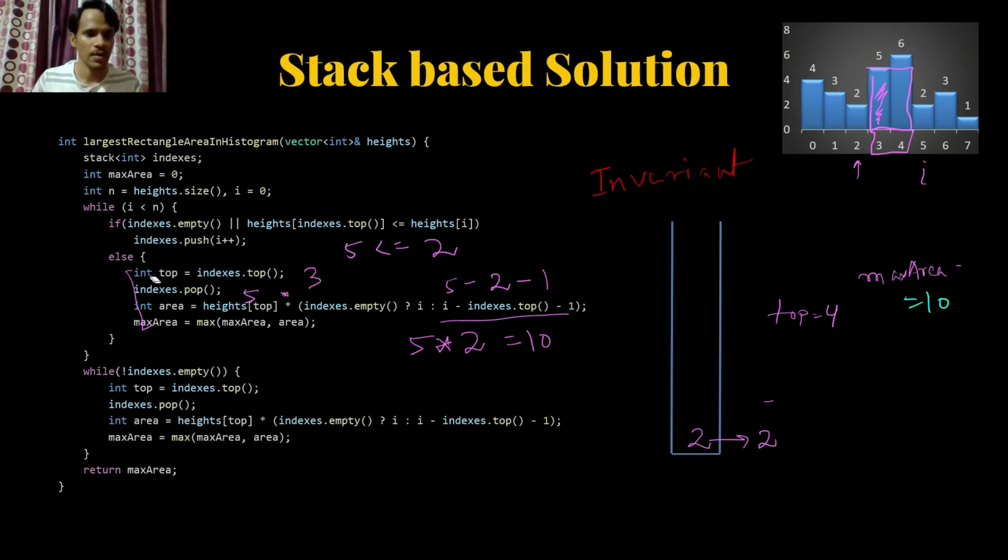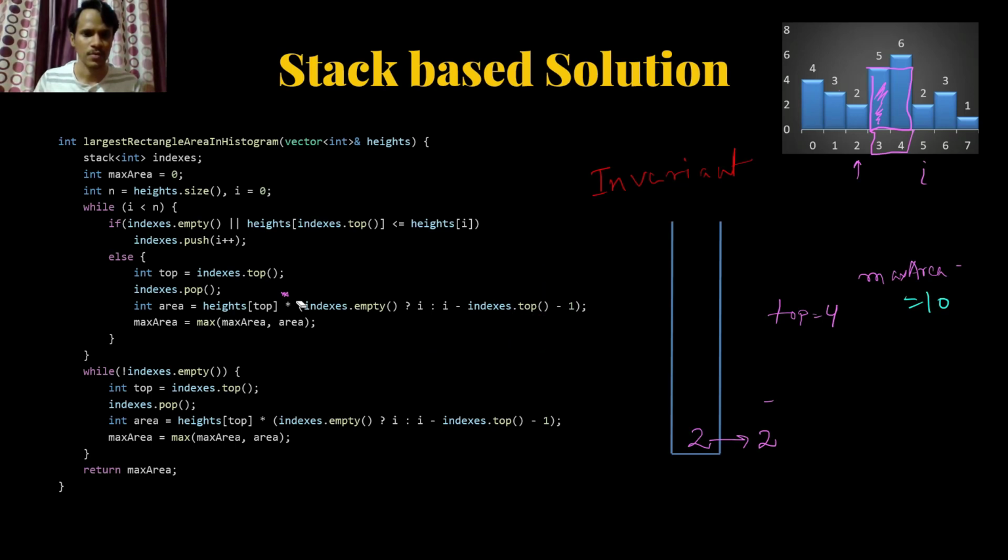So again, let me clear this out. Again 5 is still less than 8. We go to this if condition. The stack is not empty, so we go to this condition.